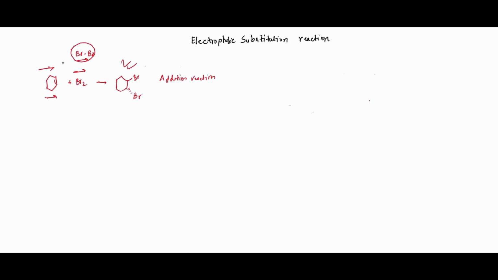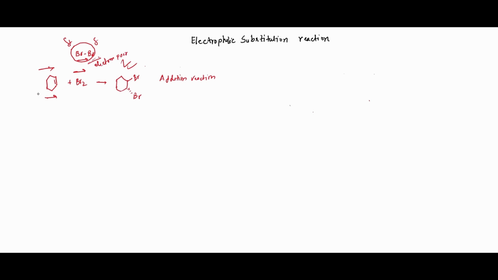And when they come closer to an alkene, the effect actually gives this bromine molecule an induced dipole moment, and that's why it gets partially positive on one side and partially negative on the other side. And then it becomes electron poor.